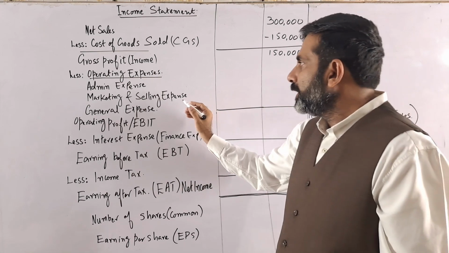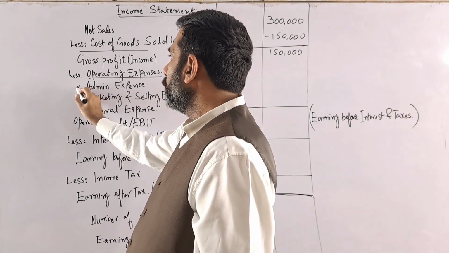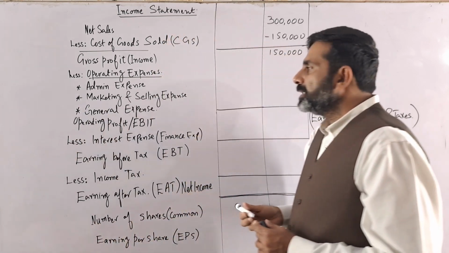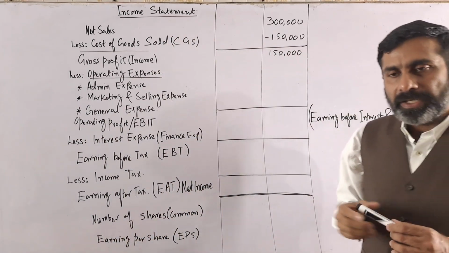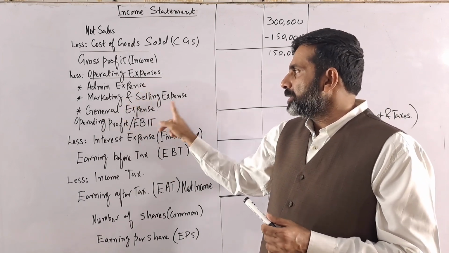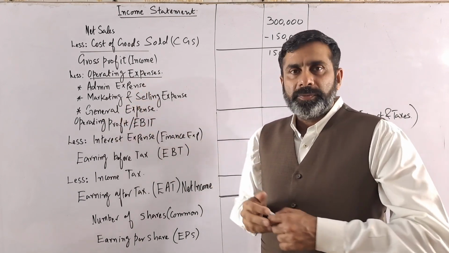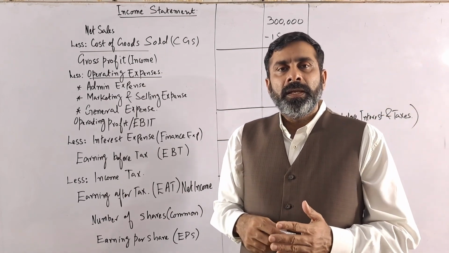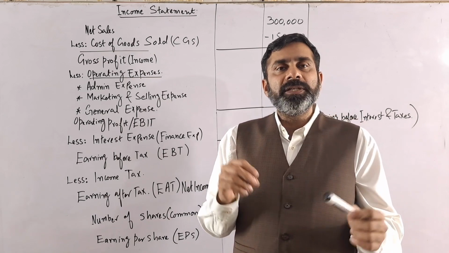Now we have three main things here. The expenses are categorized mainly into three: admin expenses, marketing and selling expenses, and general expenses. If there is a rent expense, we have to consider the rent of which building.